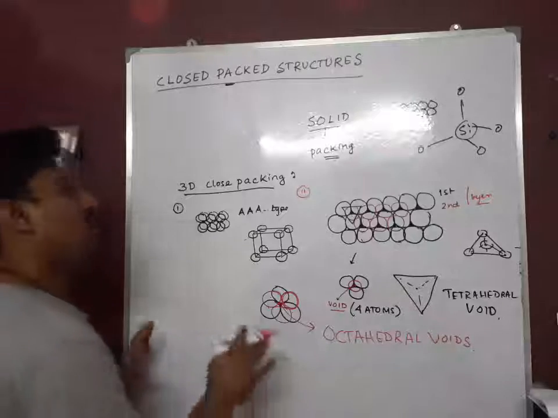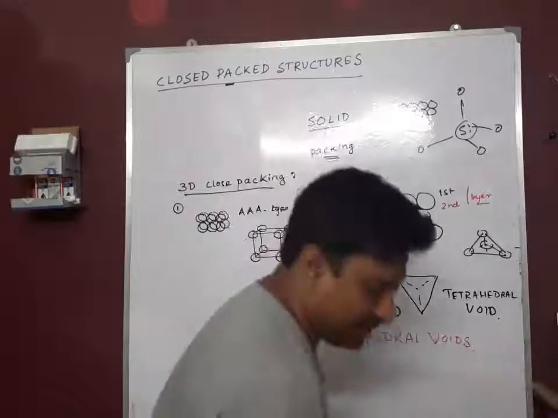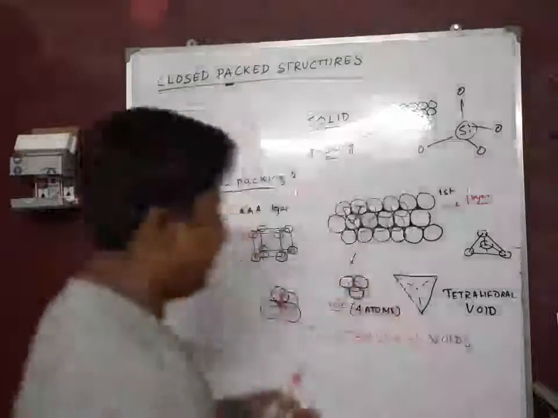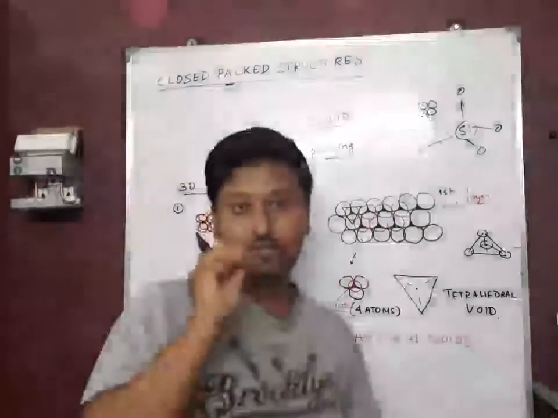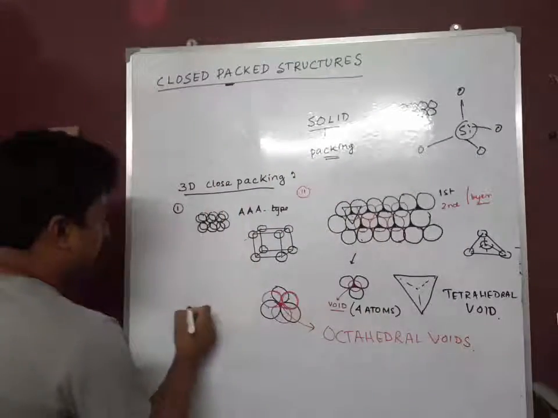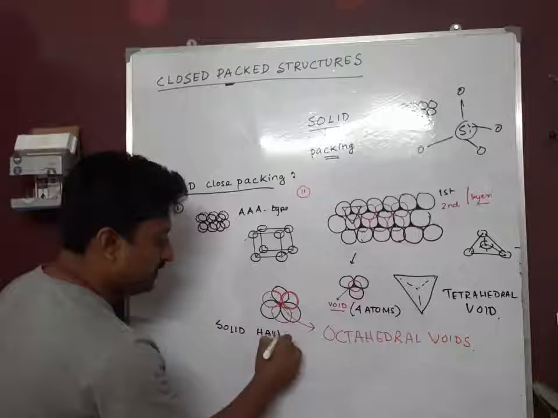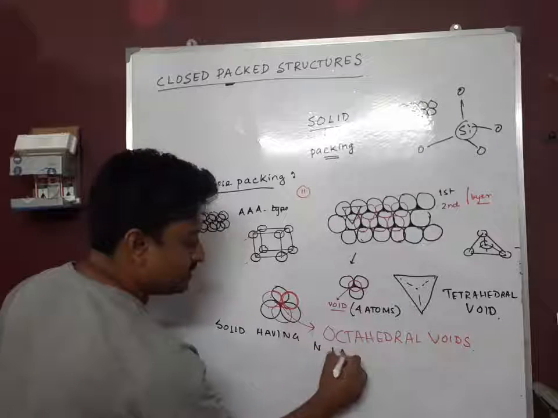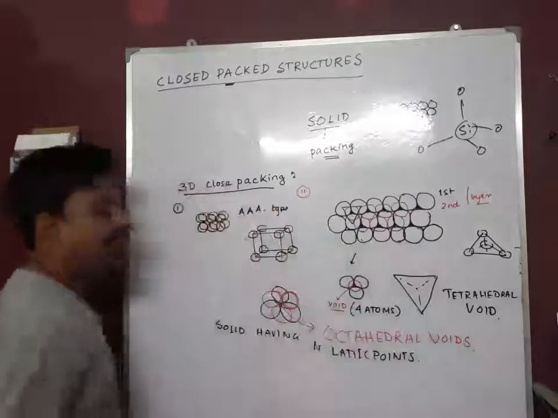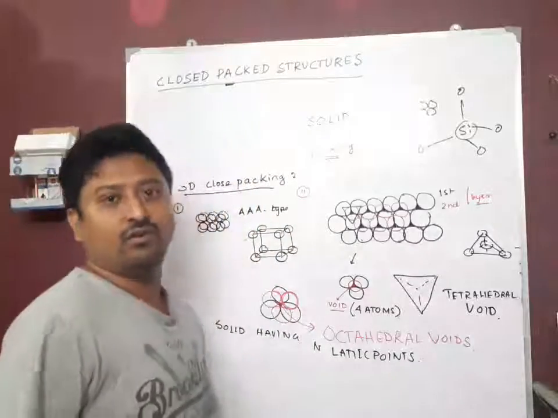Now, in the case of a lattice, there is a mathematical way to calculate. For a solid having n lattice points, you can calculate the number of tetrahedral voids and the number of octahedral voids.